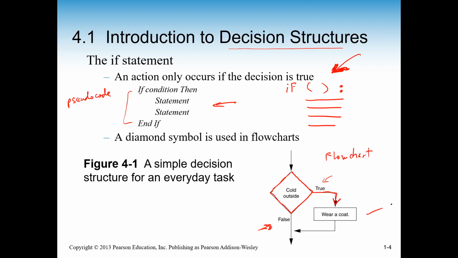It's going to tell you to do some activity, all right? And then it just continues to pick up where the flow would go, which is that way. If it's false, it goes in that direction, right? So it's basically flowing through like a circuit to achieve some kind of goal. All right, so that's a simple decision structure on an everyday task, and the diamond symbol is used in the flowchart.